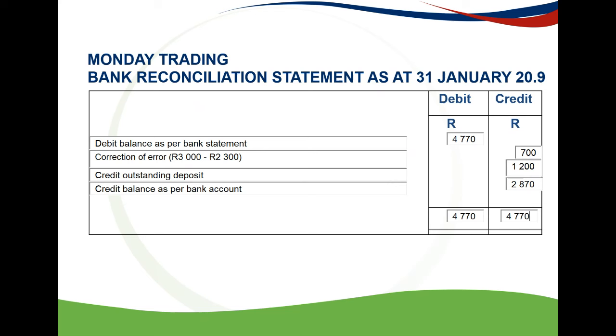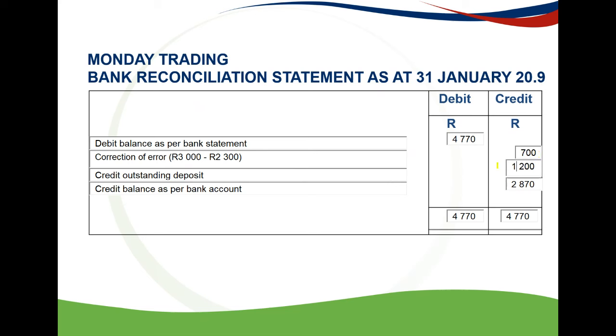So there you can see you have your debit balance as per the bank statement of 4,770, and you have your credit balance of 2,870. You have this outstanding deposit that must still go through the bank statement, and this correction of 700 that must be done on the bank statement.